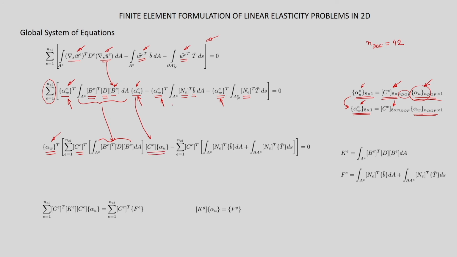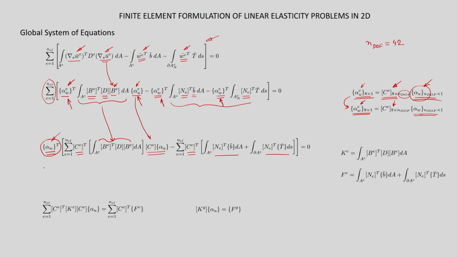Similarly, in these two expressions also alpha w has been replaced and we got C transpose these two terms. So, here we have taken alpha w common from all the terms, because each of the terms is involved with alpha w.